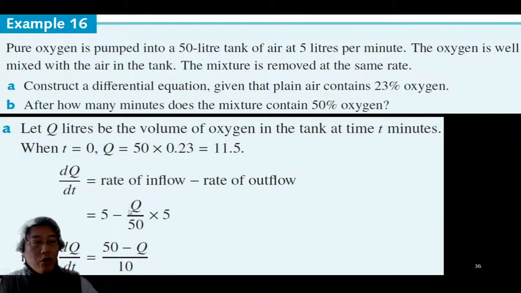That gives you a ratio of oxygen in the whole tank, but as a rate, it will be what comes out per minute. So that difference sets you up as the rate of change over time, and that gives you your differential equation.